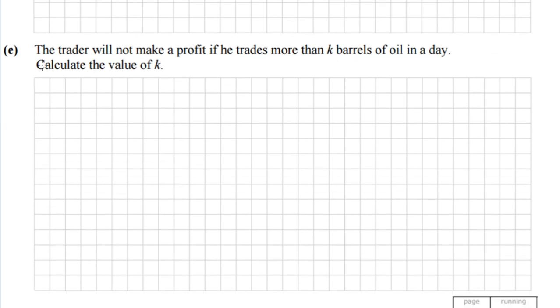It does say K here, but the barrels of oil measured is called x in the question. So my profit function again is 96x minus 0.03x squared. I'm going to let this equal to 0 because I don't want him to make a profit. So now I've got a quadratic equation. I can take x out.